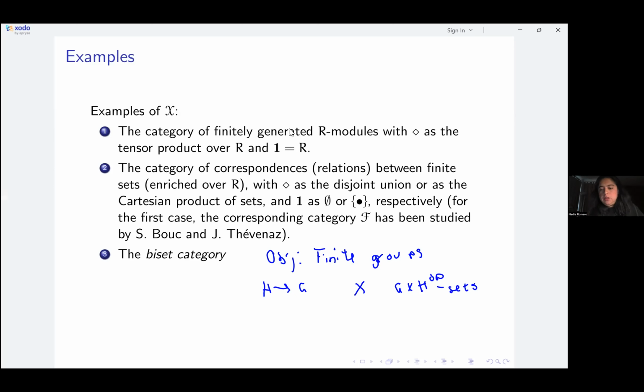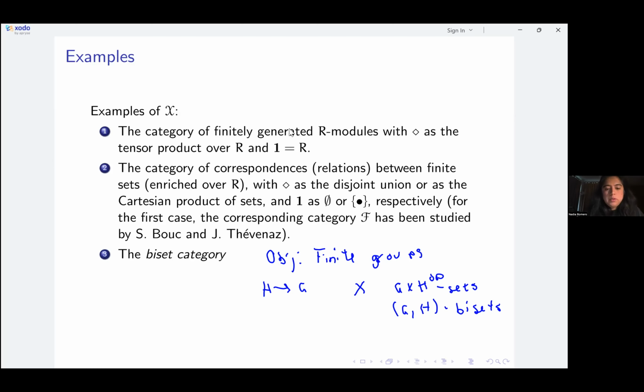So this is just a group. H is a group, G is a group, but we write this like this because we like to consider this as G cross H subsets, what we call G-H bisets. So the idea is that we have an action of G on the left, an action of H on the right, and these actions are compatible. And so instead of considering morphisms of groups, we consider these bisets as arrows in a category.